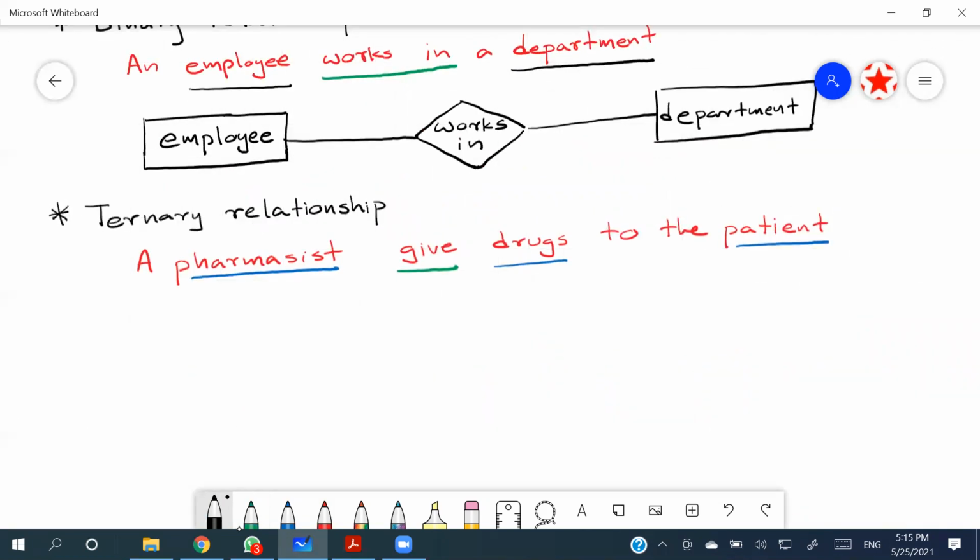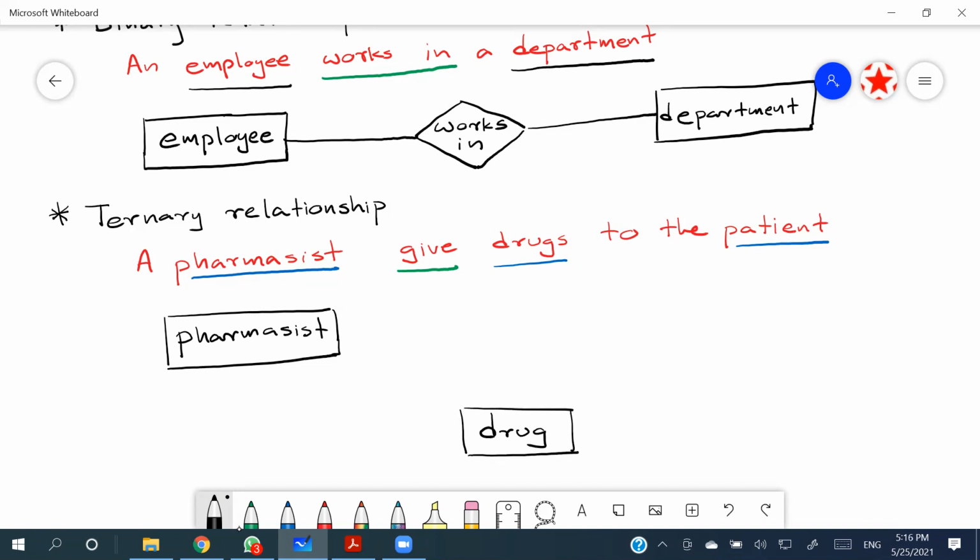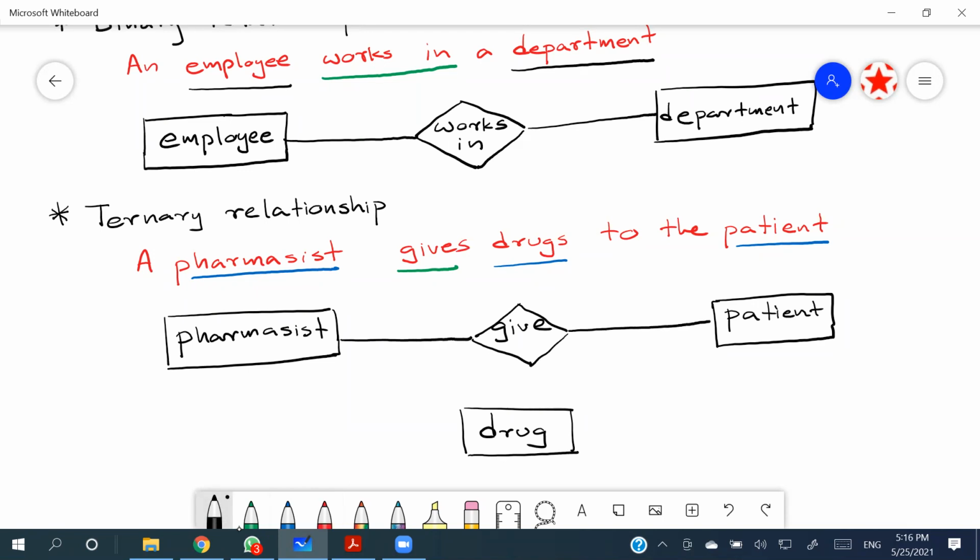So of course, we can draw it like this: pharmacist over here, drug over here, patient over here, and the relationship is gives.